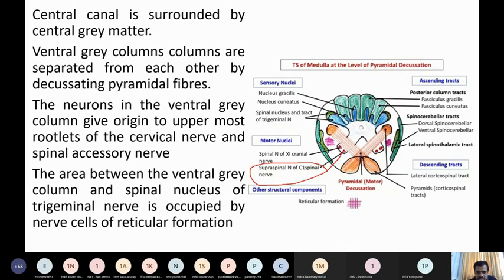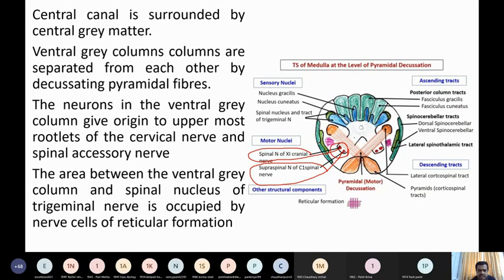Whereas here you can see the nucleus of the accessory nerve, the spinal nucleus of the accessory nerve. So these are the two nuclei present where? In the anterior gray column: the spinal nucleus of the accessory nerve and the uppermost rootlet or first cervical spinal nerve.